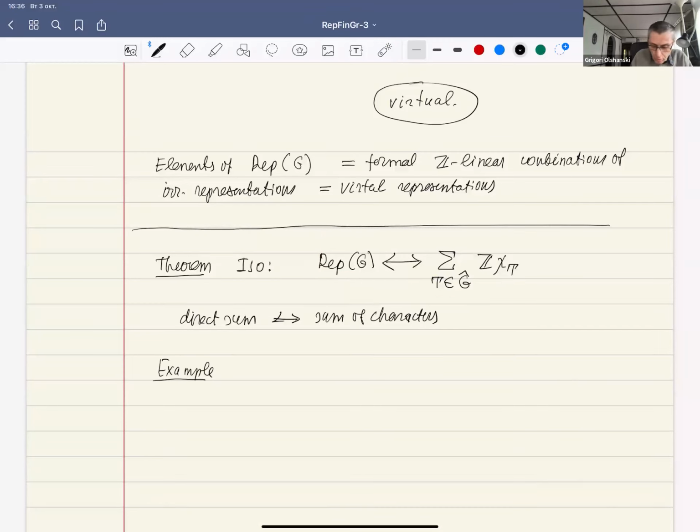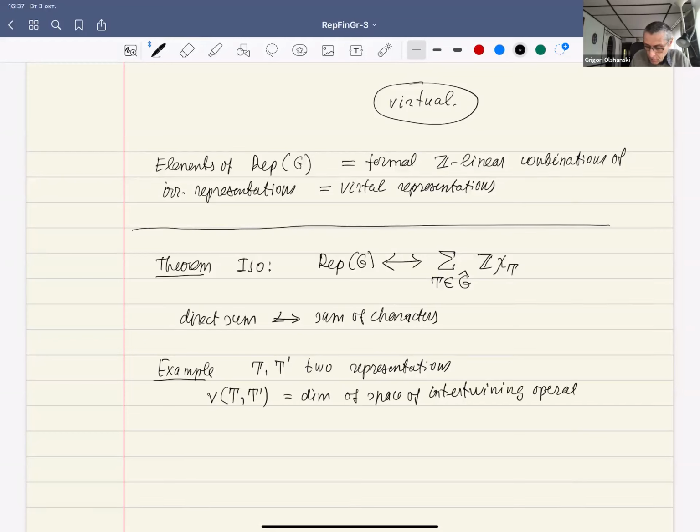If you have two representations, T and T prime, I recall that this quantity, mu(T, T prime), is the dimension of the space of intertwining operators from one space to another space.